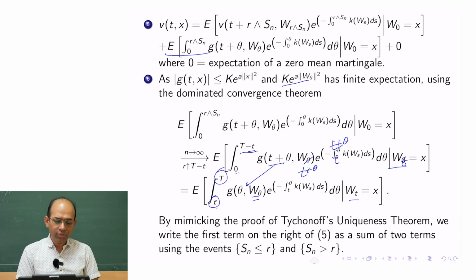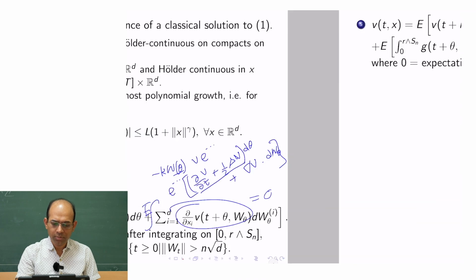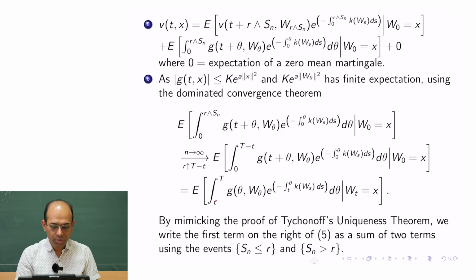Okay, so after obtaining this expression, we now mimic the procedure for the proof of Tikhonov's theorem. We use the technique of Tikhonov's theorem. So what we do is write down this event, inside this integrand, as a sum of two different terms.